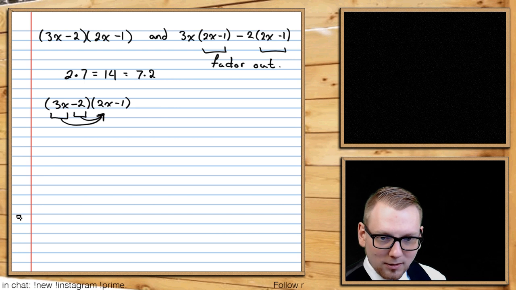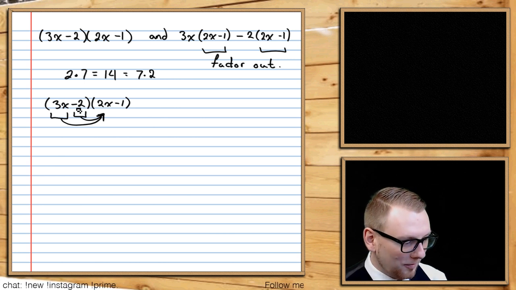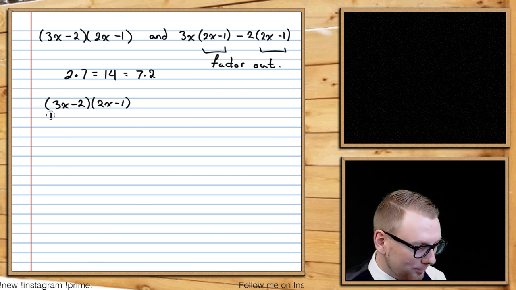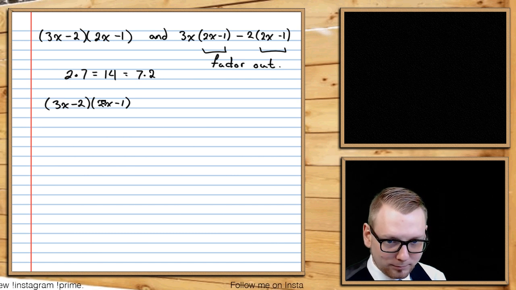You don't have to do any of that. What we're going to do is break it up. We've got a 3x minus 2 multiplied onto something.